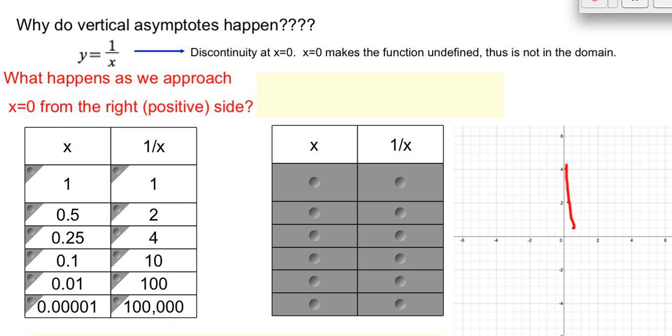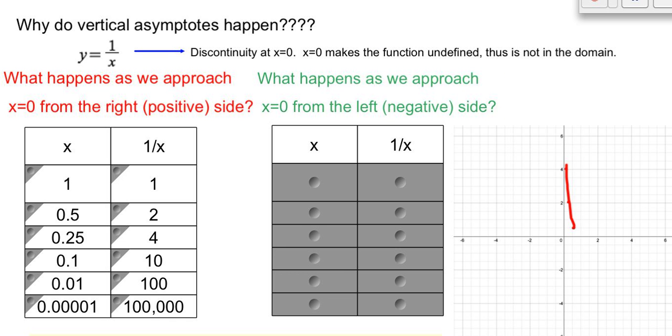And we can also look and see what's happening as we approach that point of discontinuity from the left or negative side. So let's look at x is -1. Well, our y value is going to also be -1. So we can go ahead and graph that point right there. And if x is -0.5, our y value is -2.